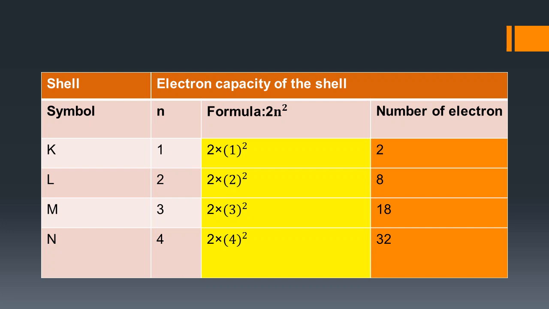So in the first K shell, a maximum of 2 electrons will be there. In the second L shell or orbit, the maximum number of electrons will be 8, in the third M shell, 18, and in the fourth N shell, the maximum number of electrons is 32. So these are the electron capacities of the shells.